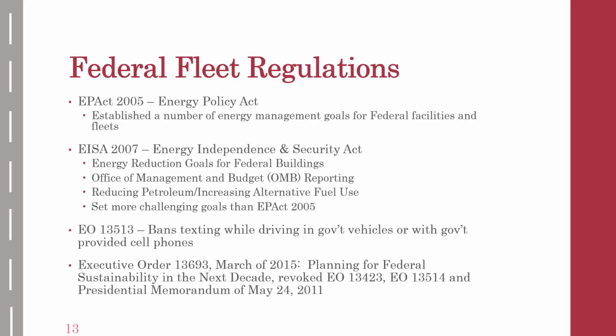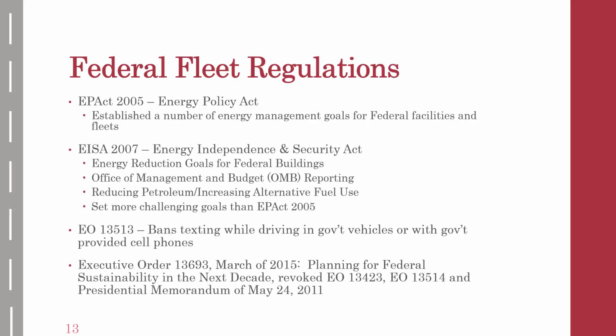We have EO 13513, an executive order that bans texting while driving in government vehicles or with government-provided cell phones. And then EO 13693, which was mentioned before, was issued in March of 2015, and it's called Planning for Federal Sustainability in the Next Decade.